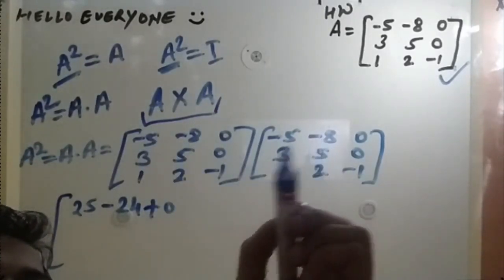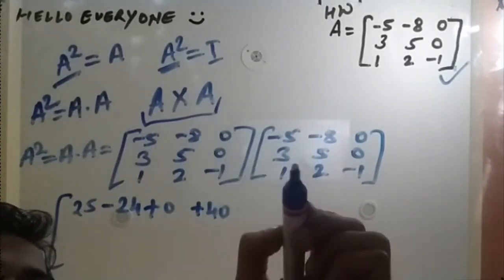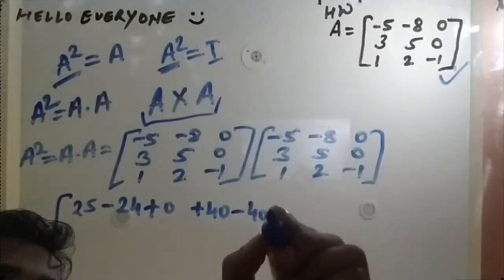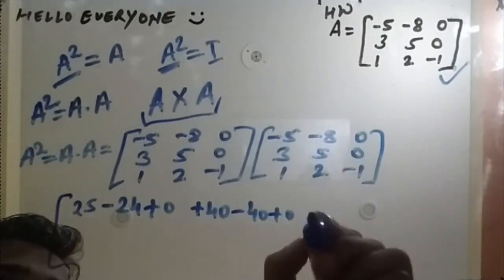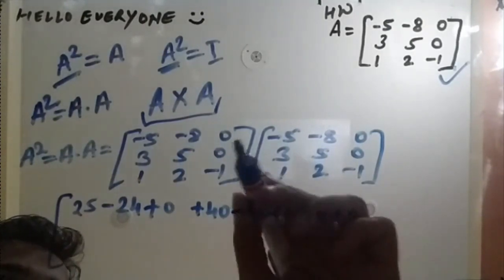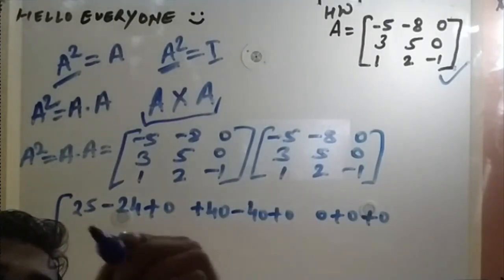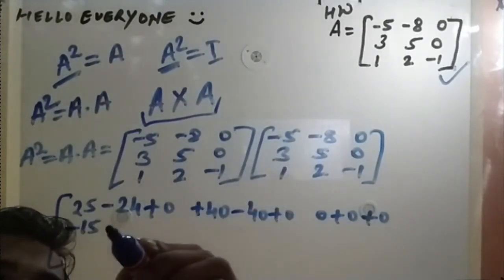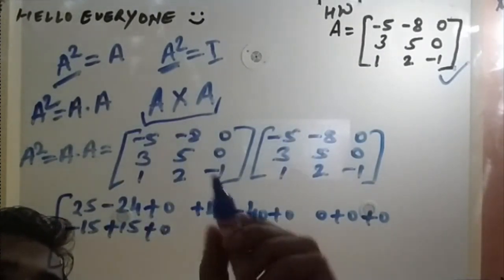Minus 5 times minus 8 will give us plus 40. Minus 8 times 5 will give us minus 40. 0 times 2 will give us 0. Minus 5 times 0 will give us 0. Minus 8 times 0 will give us 0. And 0 times 0 is 0. 3 times minus 5 will give minus 15. 5 times 3 will give plus 15. 0 times 1 will give 0.